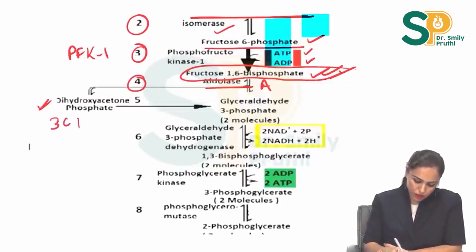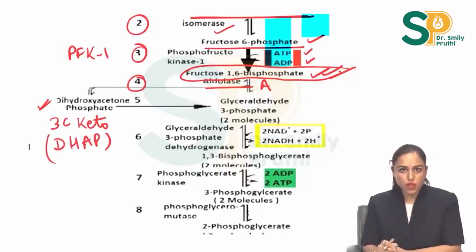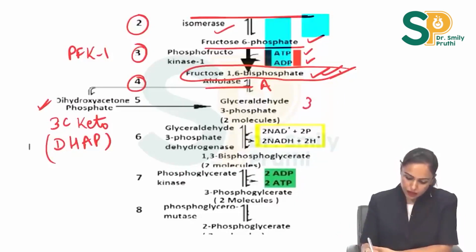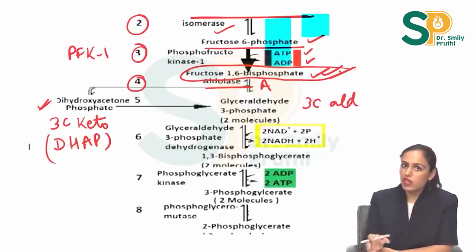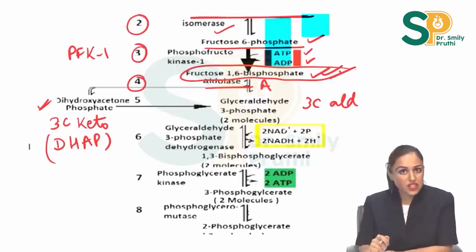This is a 3-carbon keto sugar with a phosphate, dihydroxyacetone phosphate, the short form DHAP. Later I'll be using the short forms. DHAP is formed. On the other hand, the 3-carbon aldehyde is glyceraldehyde 3-phosphate. So this 3-carbon aldehyde is also given one phosphate. So now we have DHAP and glyceraldehyde 3-phosphate as the end products of step 4.